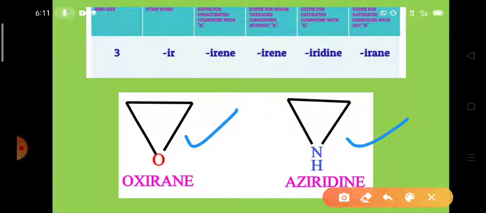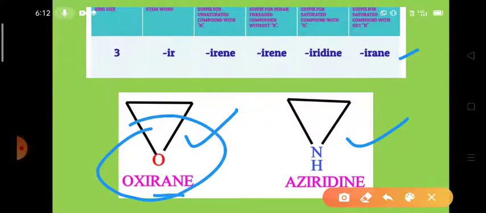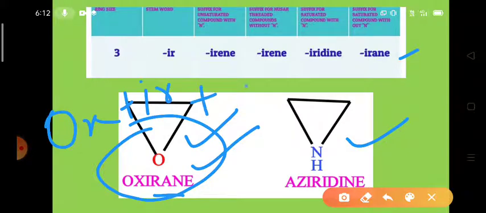For the saturated compound without a nitrogen atom, we would use ane. So here it is the heterocyclic compound without a nitrogen atom, so we would use irane. Oxa is the prefix, ir is the stem word, and ane is the suffix. So the name becomes oxirane.